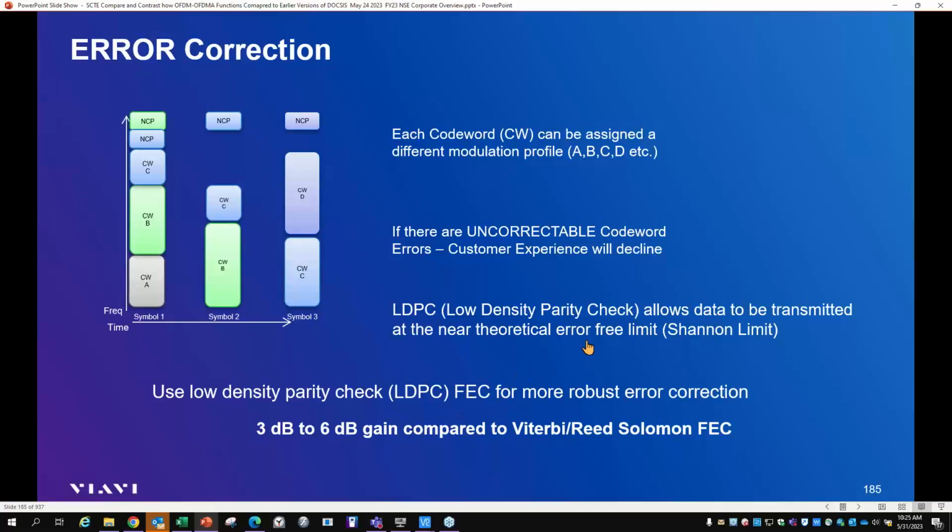This is an example of error correction in the form of low density parity check. It's pretty incredible. Just like we talked about with the single carrier QAM, it increases the dynamics of correcting code word errors, like the pre and post code word correction you've been dealing with on the upstream, from 3 to 6 dB of gain. That's a big deal, especially if the OFDM carrier is being deployed somewhere between 5 and 10 megahertz, for example.